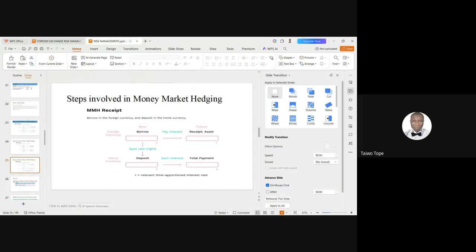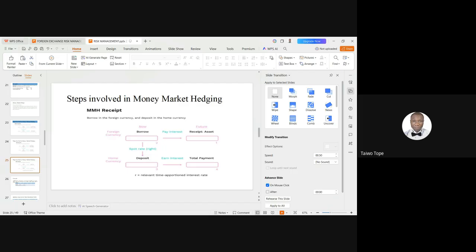So this deposit value will result into a total amount that will be the amount deposited multiplied by what? 1 plus interest rate. So for receipts, we compare the final amount with the amount of other hedging techniques, such as forward hedging, and select the technique with the highest amount.